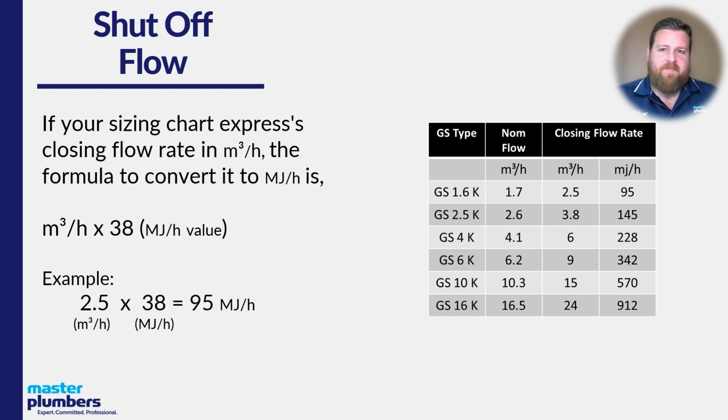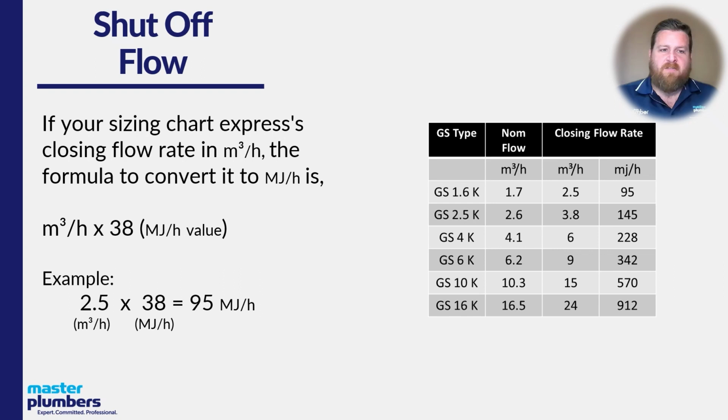One important piece of information is that some of the sizing charts that come with these valves are going to express information in cubic meters an hour and not megajoules an hour. It's a simple formula in order to convert back. Natural gas has a value of 38 megajoules to a cubic meter, so it would be as simple as the cubic meter times 38 would give you the megajoule value.